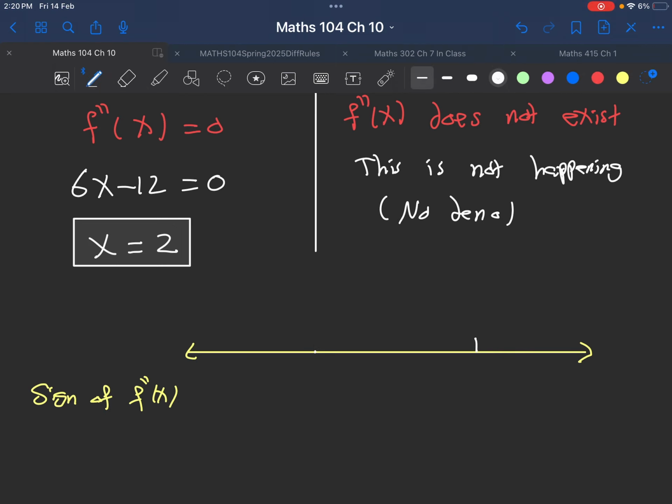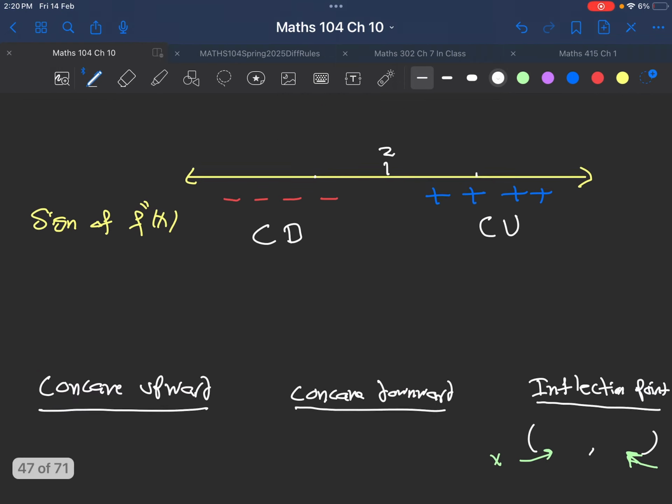So we need to find the inflection point. All we have is 2 here. Now, if we take a number less than 2, this area would be negative. Greater than 2, it will be positive. What does it mean, positive and negative?